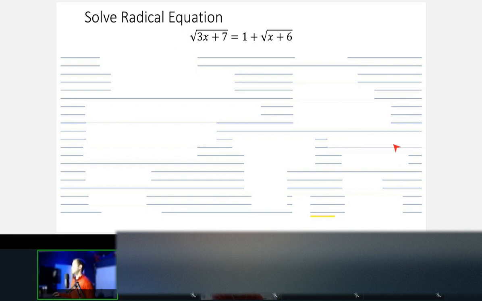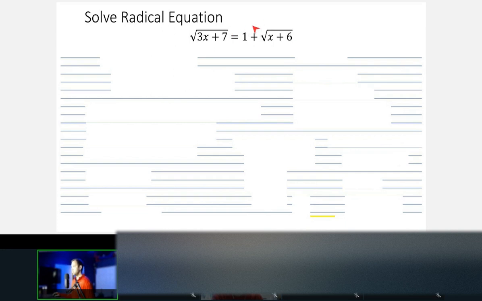So for this one, what's our first step? Move everything to the left side would be a good guess.